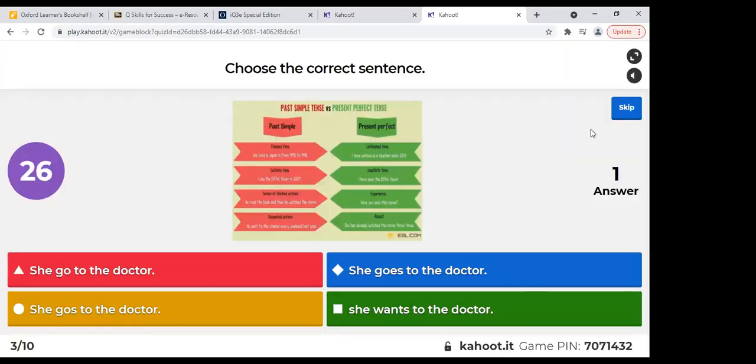Again, choose the correct sentence. Is it she go to the doctor, the red one? Or is it she goes to the doctor, blue? She goes to the doctor, the orange one, or she wants to the doctor.